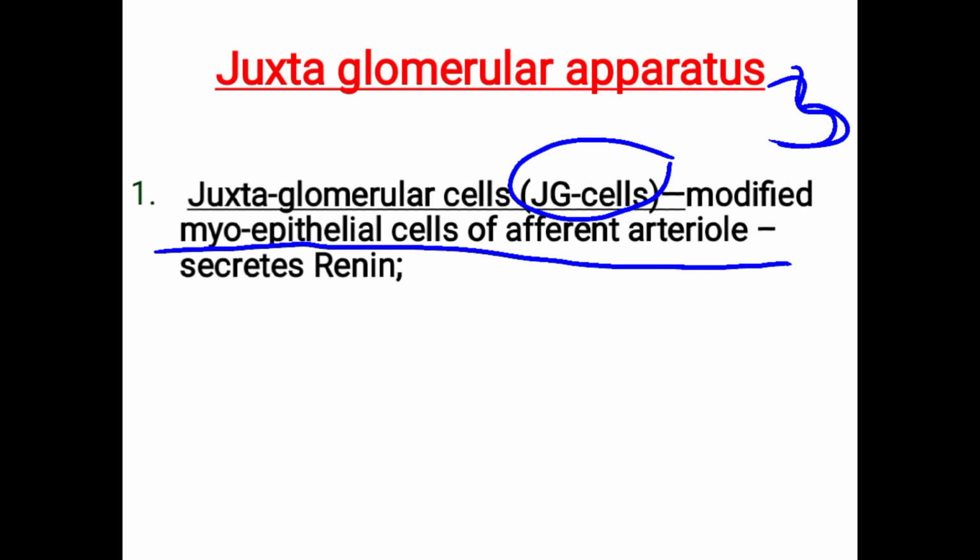So where is the afferent arteriole present? This is the Bowman's capsule. On entering, these blood vessels form the afferent arteriole. Then there is a tuft of capillaries, then this is the efferent arteriole. To this afferent arteriole, there are specialized cells, which we call JG cells.